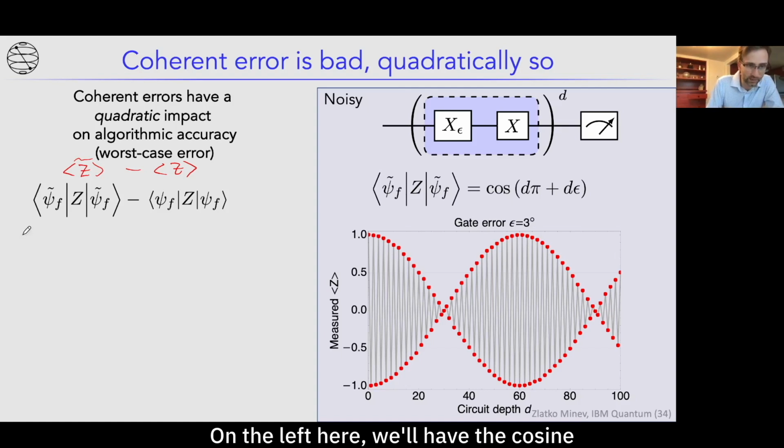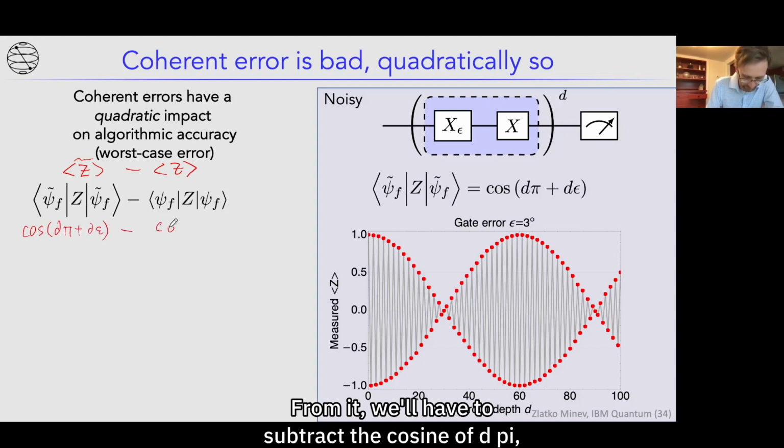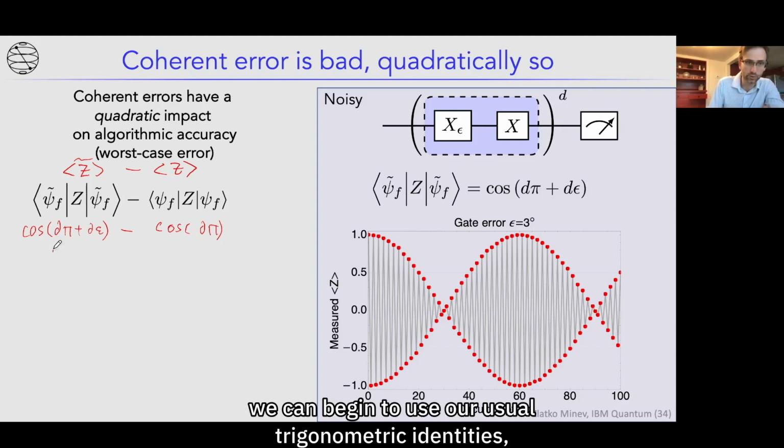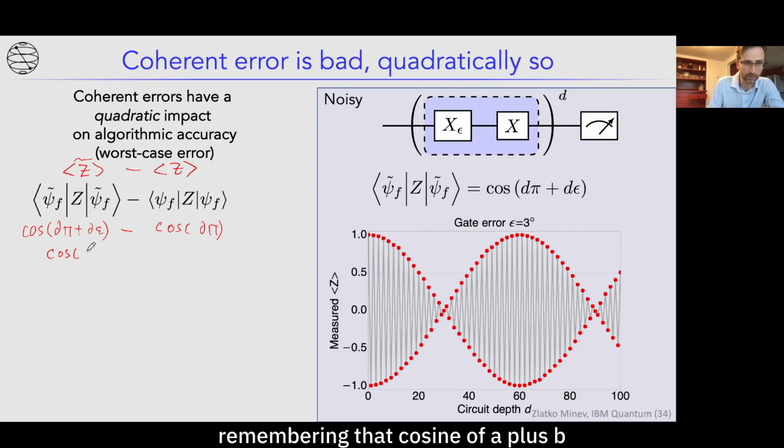On the left here, we'll have the cosine of d pi plus d epsilon. From it, we'll have to subtract the cosine of d pi. And at this stage, we can begin to use our usual trigonometric identities, remembering that cosine of a plus b is equal to the cosine of a times the cosine of b minus the sine of a sine of b.